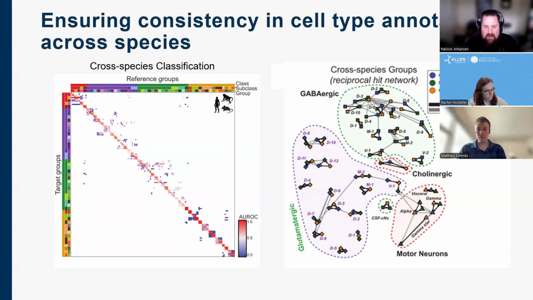But types are very related to each other, and you can see that as edges crossing types. But for the most part, we see a pretty strong clique of three for all these types across species, implying that when we say glute dorsal 4, that means the exact same thing in human, in macaque, and in mouse.